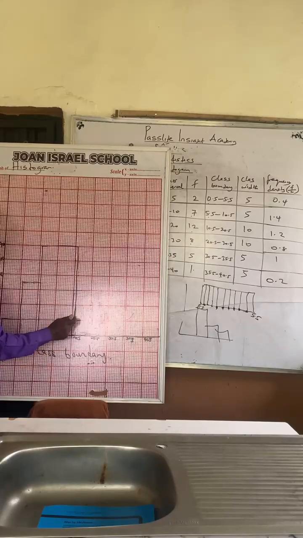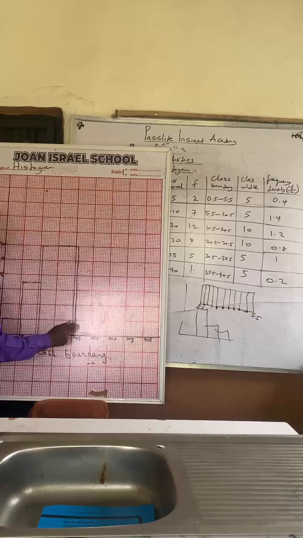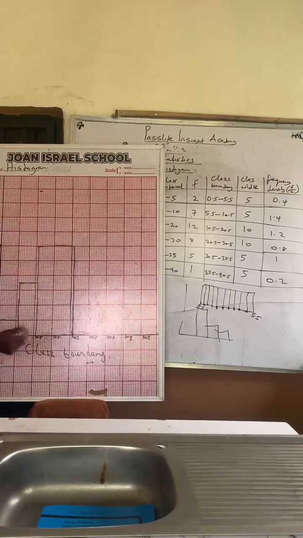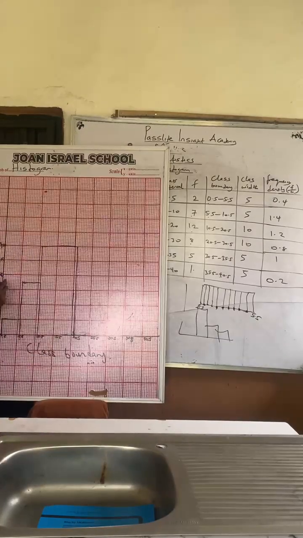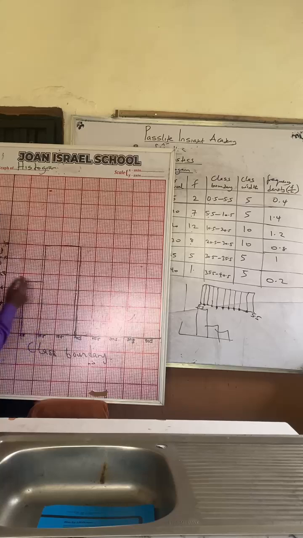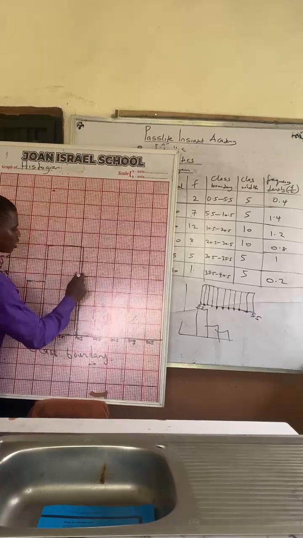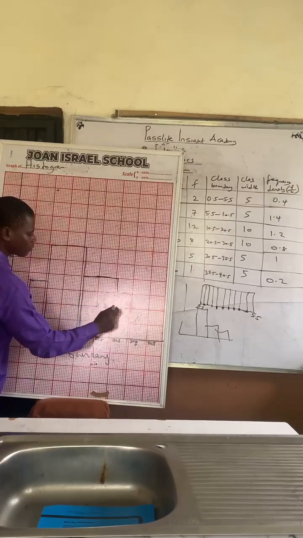So don't forget you are using your ruler to do that. So we have that. Also, 20.5 to 30.5, that is 8. 20.5 to 30.5, from here, this is 8. So you can trace that, 8 to 30.5. So also going to that point.